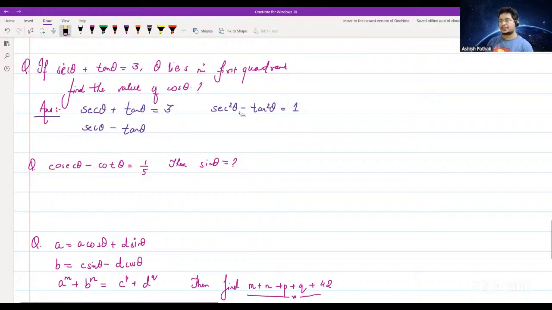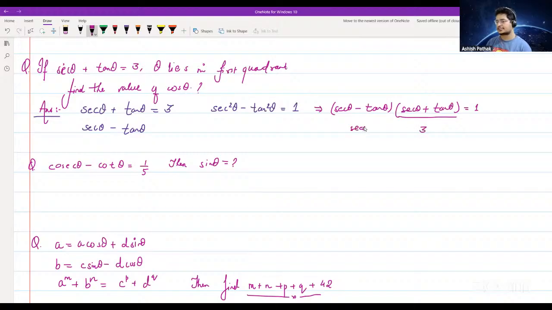See, how did we get this one? Here we are writing a square minus b square as a minus b times a plus b, which is equal to 1. We know the value of sec theta plus tan theta, which is equal to 3.